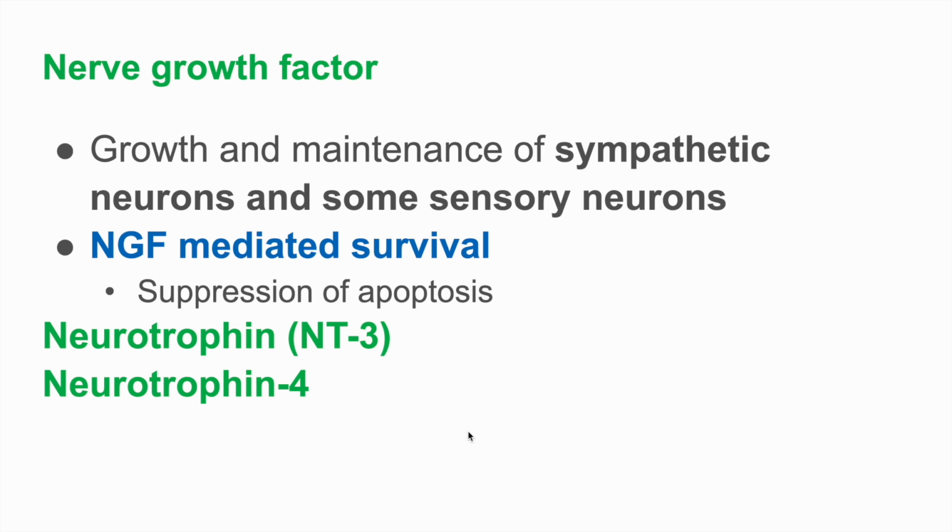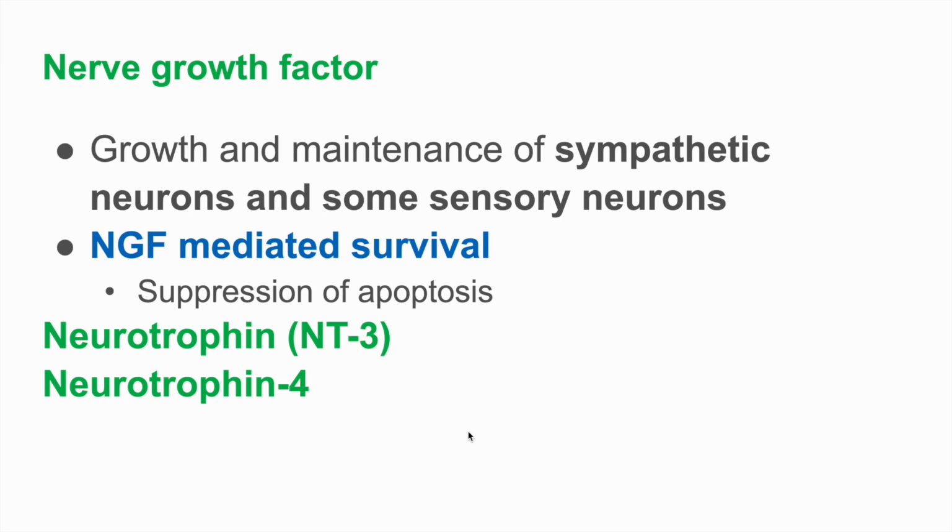Now the third component is the nerve growth factor. Growth and maintenance of the sympathetic neurons and some sensory neurons, which mediate survival and suppression of apoptosis, are called nerve growth factors.